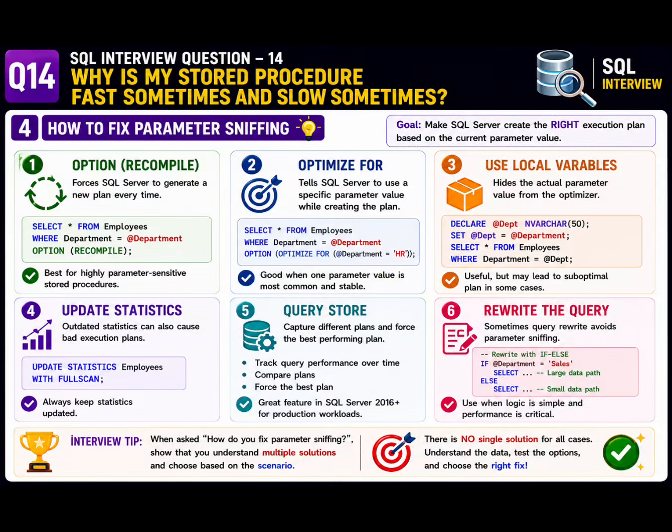Now the fifth one is Query Store. It lets you compare execution plans and even force a good plan in production. The advantage is it's excellent for troubleshooting and great for production systems. The disadvantage is it requires SQL Server 2016 or later.